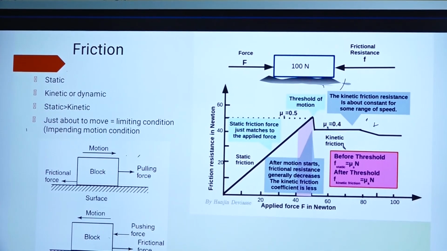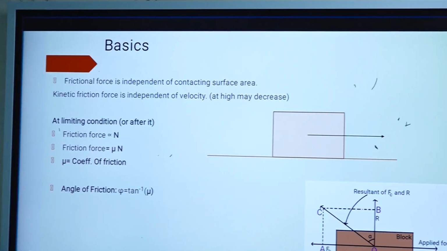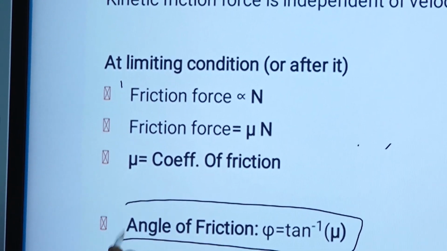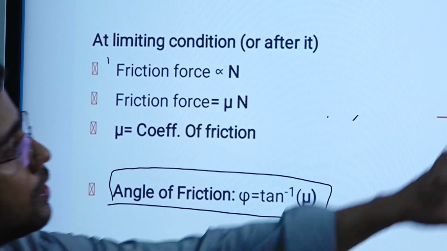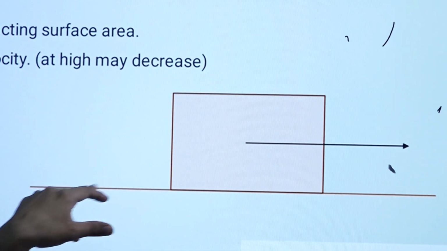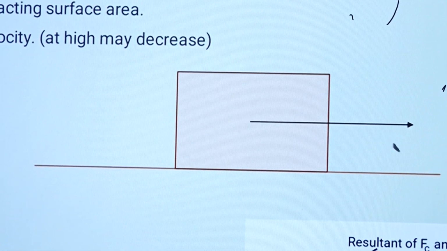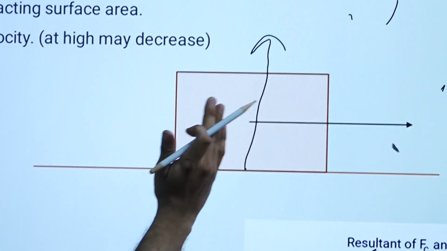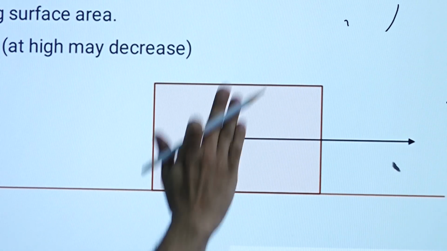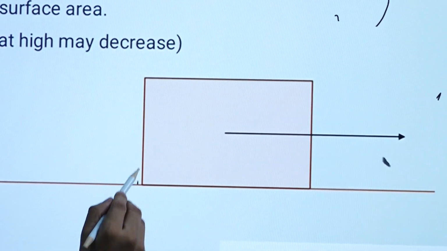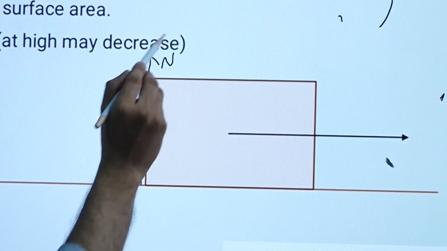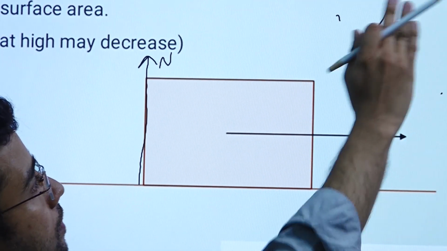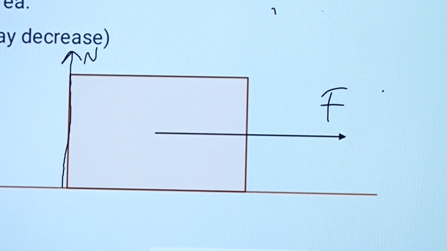Now we have to see what is the angle of friction. There is a block resting over a surface. This is a normal force because of this force. Only for representation I will move this normal force here. And this is the external force.